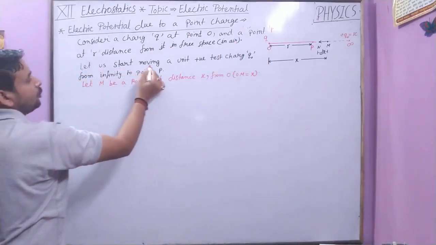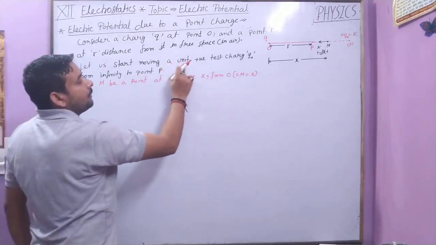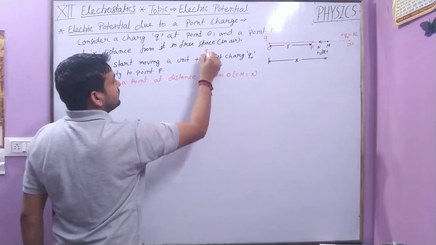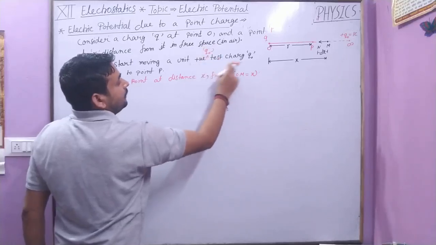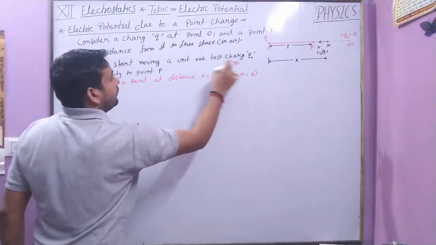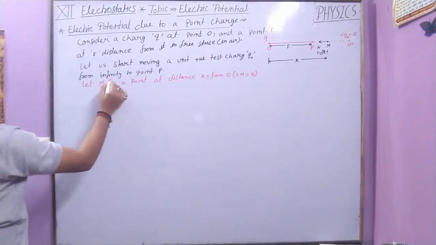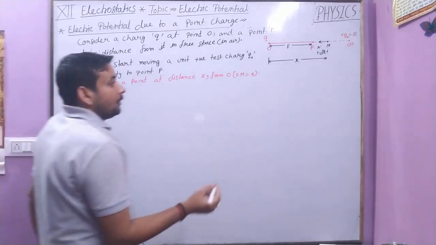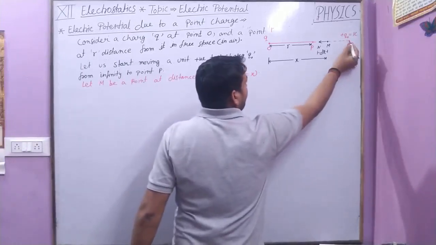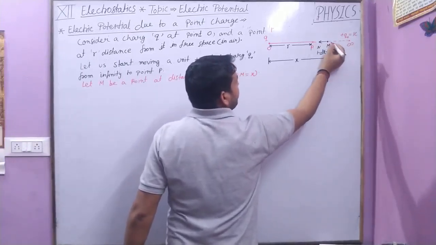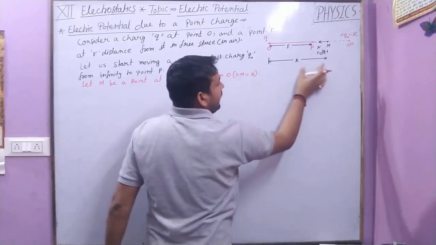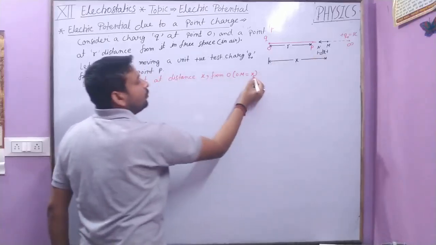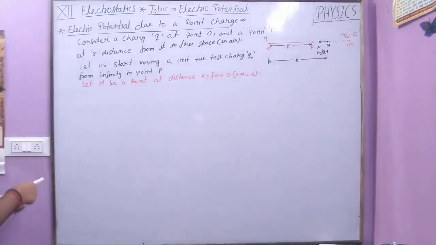Let us start moving a test charge Q naught from infinity to point P. When we move from infinity to point P, there is a point M at X distance from point O, that is OM equal to X.